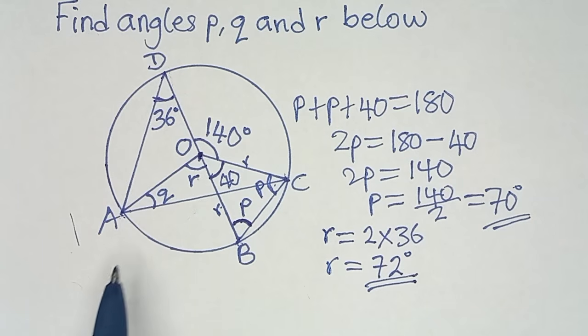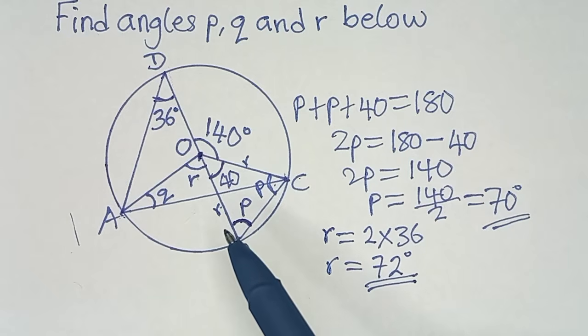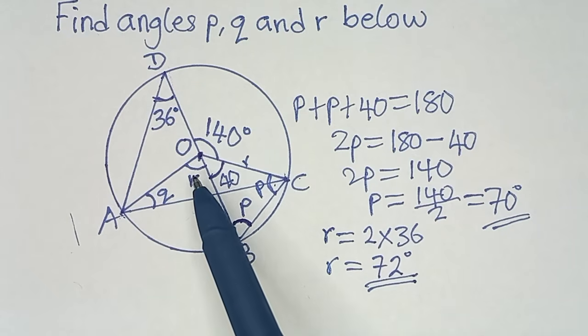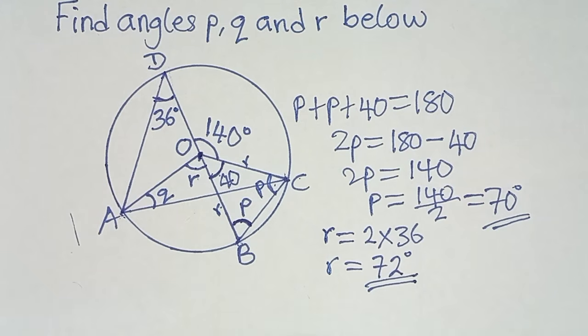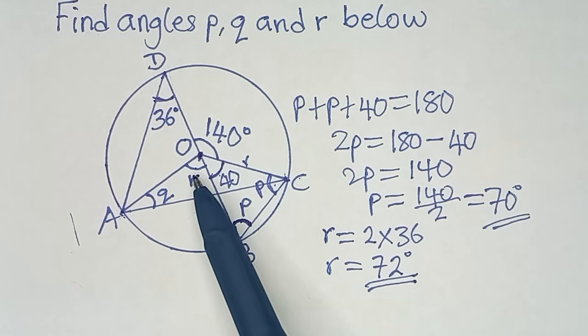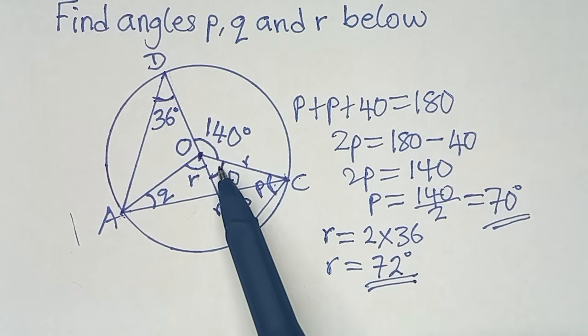Now, let me work on angle Q finally. If you look at it critically, this angle R and 40 together will give us what angle now? R is 72 and I have 40.